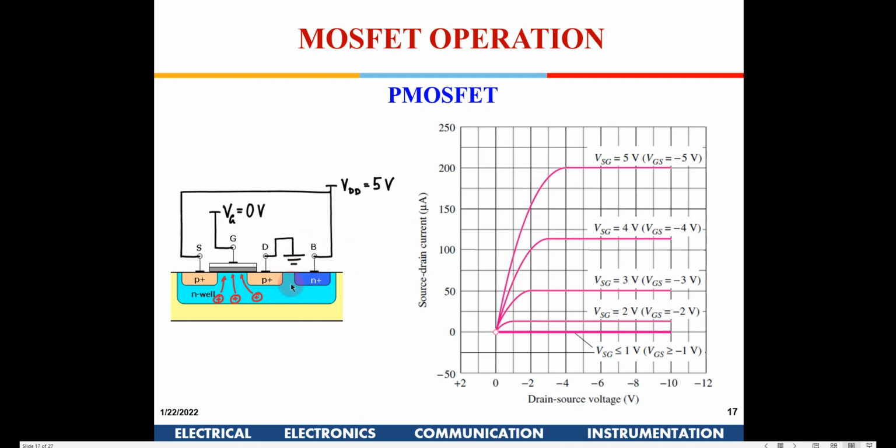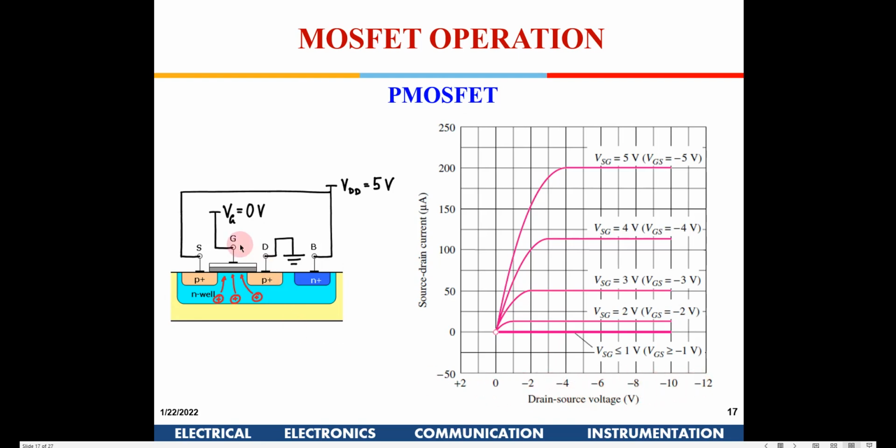Now if you see the PMOSFET operation again, you get very similar characteristics. The only thing is, here it is drain source voltage, so it is in the negative. If I call it source drain voltage, then all of this will be positive.